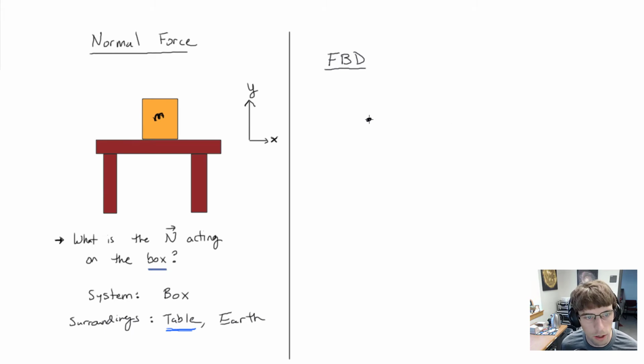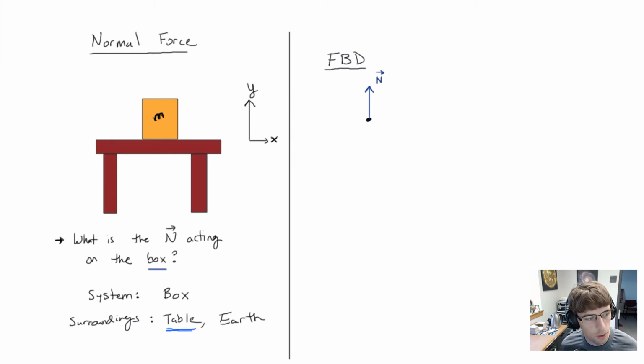So now we can draw an arrow representing the normal force on our free body diagram, and we label it. The only thing that gets drawn on free body diagrams: the object as a point, the forces as vectors, and maybe you can include an axis off to the side. Those are the only things that I should see on a free body diagram.